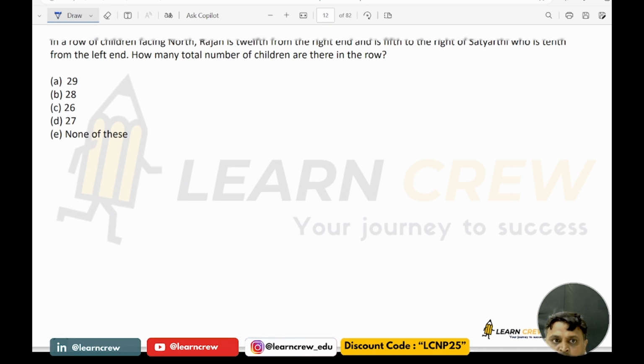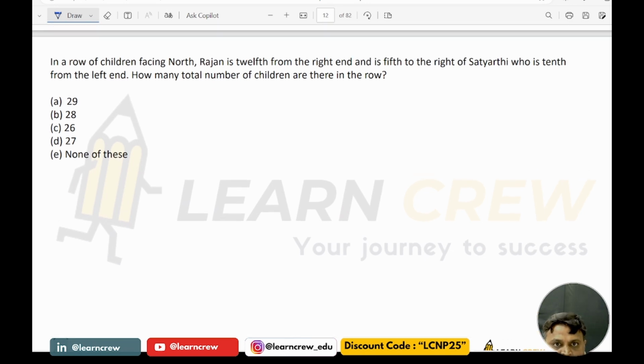Next, in a row of children facing north, Rajan is 12th from the right hand and is 5th to the right of Satyarthi, who is 10th from the left hand.